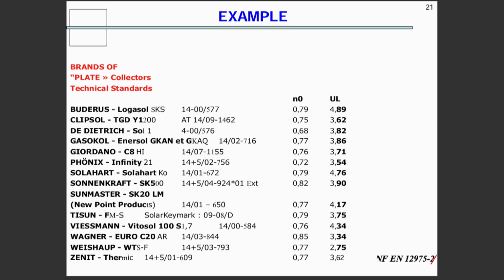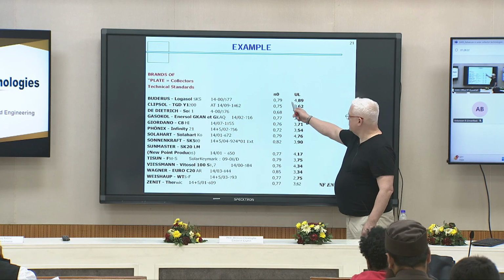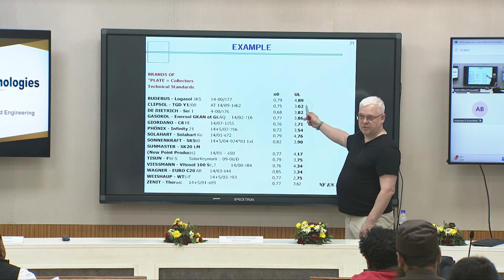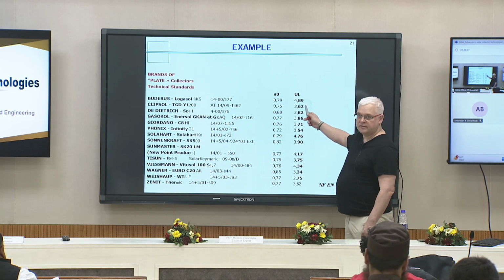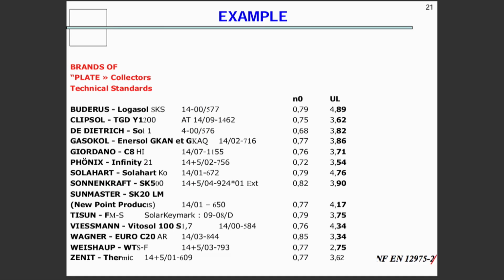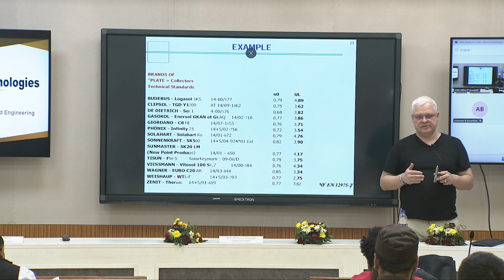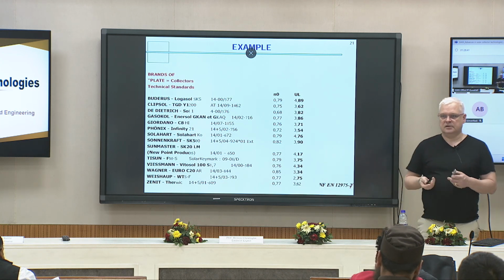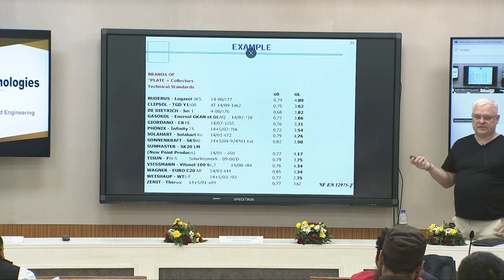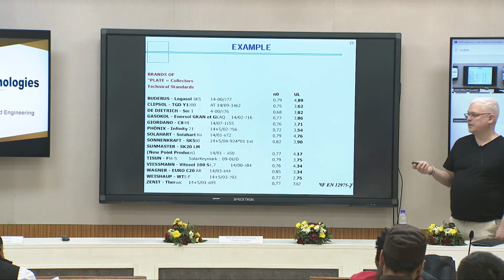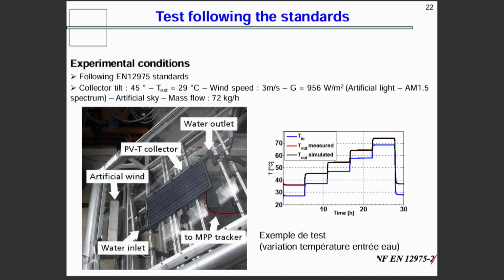And you have also, so this one is very good in terms of probably the insulation, which is behind the heat exchanger. This one is not so good. So it gives you straight away an idea of the optical quality and the quality of the heat loss, just seeing these two parameters, okay?